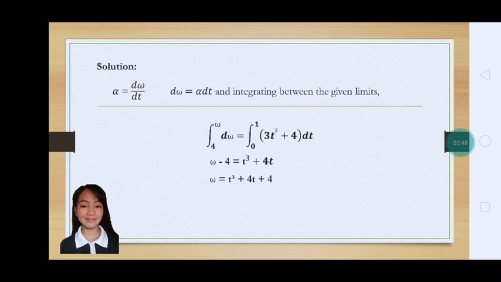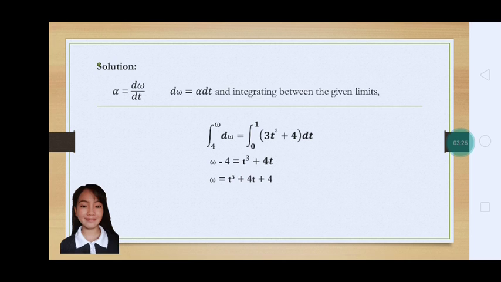So for solving the omega, or the angular velocity, we need to use the formula alpha is equal to d omega, or the angular velocity, over dt. We need to rewrite the formula to get the omega, or the angular velocity.